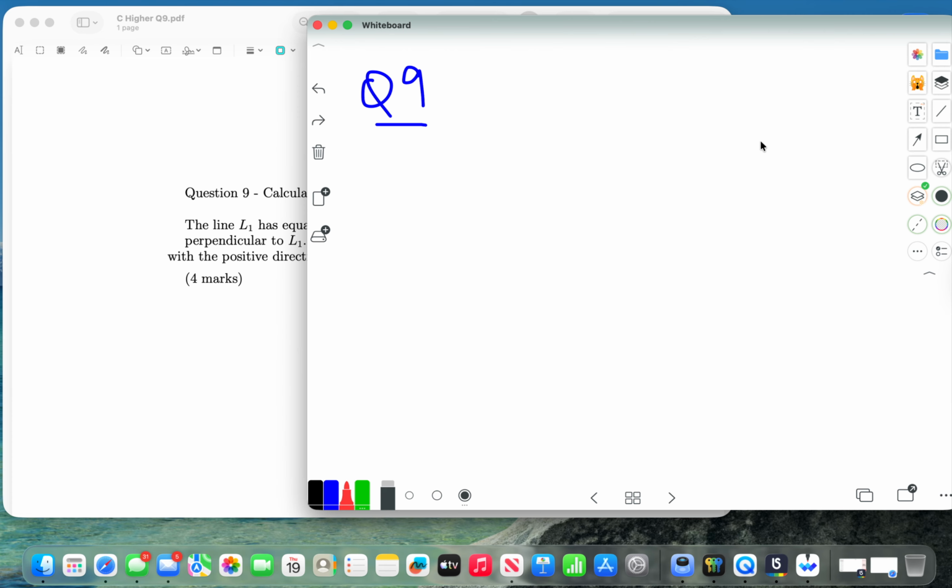Now the angle that a straight line makes with the positive direction of the x-axis is dictated by m equals tan theta. Theta is the angle and m is the gradient.